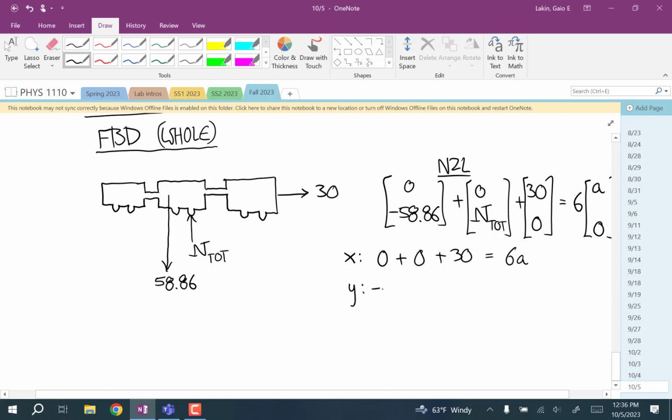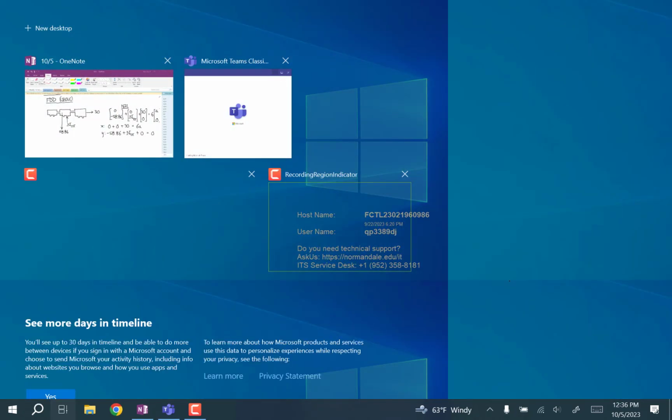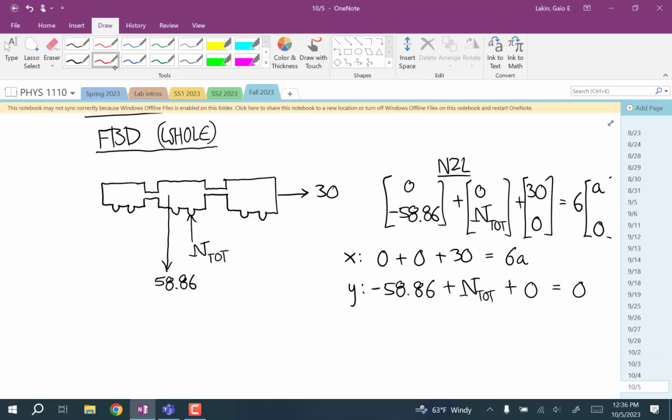The y equation says negative 58.86 plus N total plus 0 is equal to 0. To calculate the acceleration, I want the x equation.